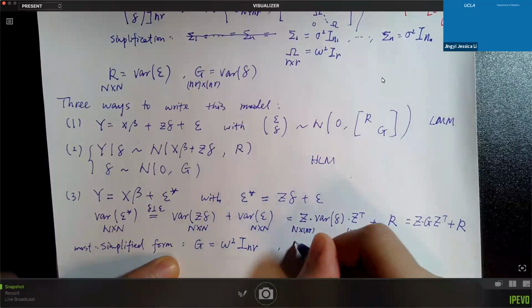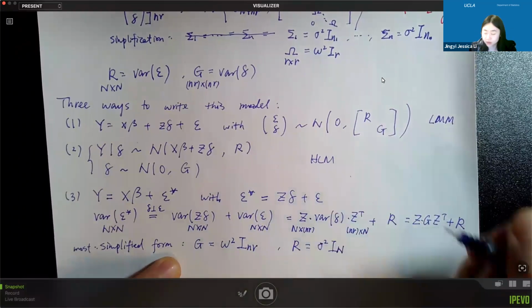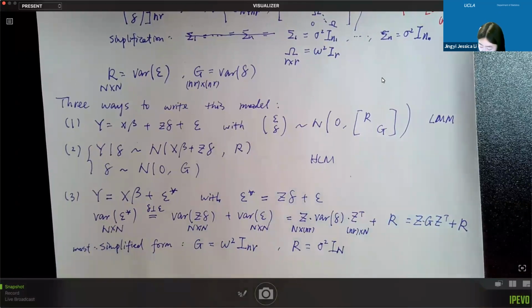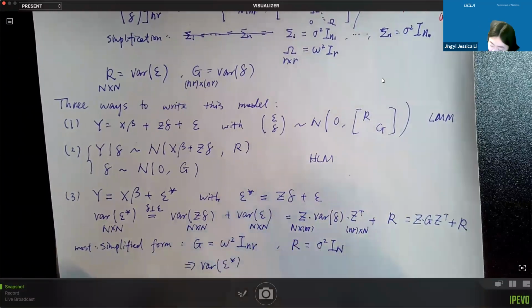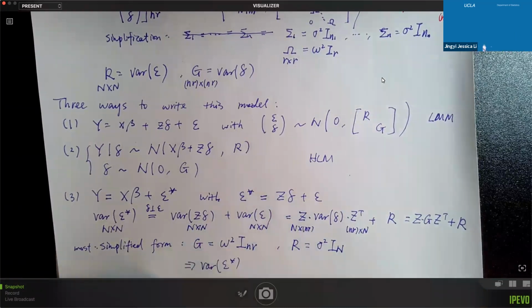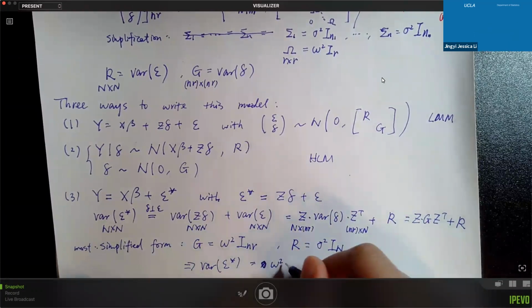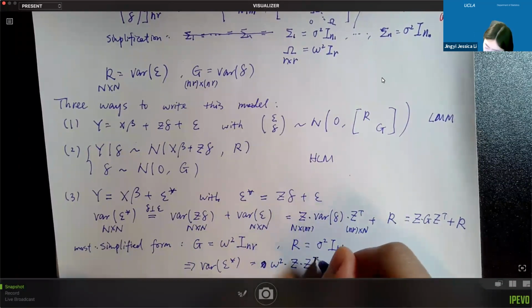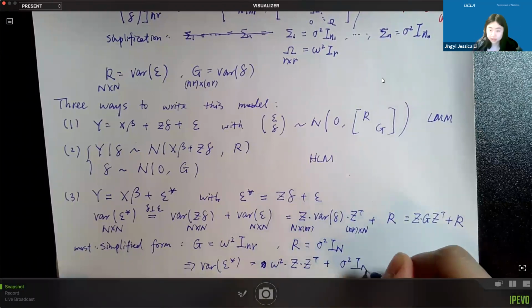And R in the most simplified form is sigma squared times the identity matrix with capital N dimension. So in this case, what is the variance of epsilon star? Because this is just an identity matrix times a scalar, I can get the scalar out. So it's just omega squared times Z Z transpose plus sigma squared identity N.